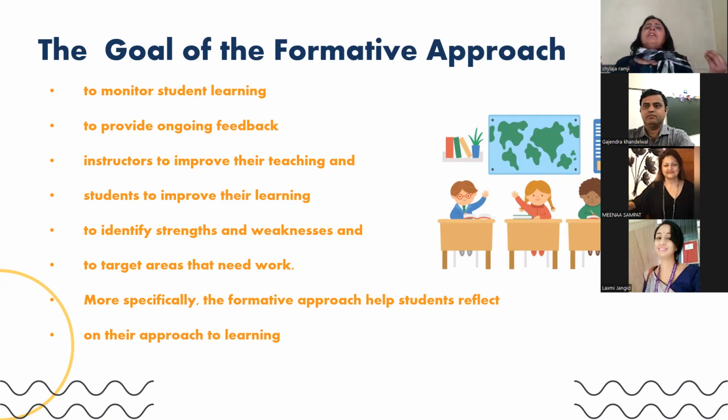All right, so that is why the formative approach is very important, because one, it is ungraded, and two, the student knows his strengths and weaknesses through the feedback, and thirdly, he reflects on his learning. And they're able to reflect on their approach to learning.